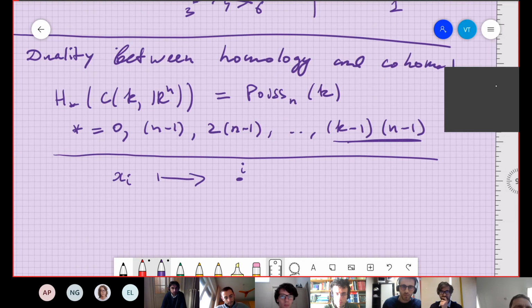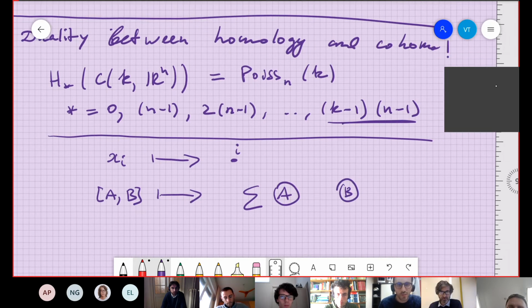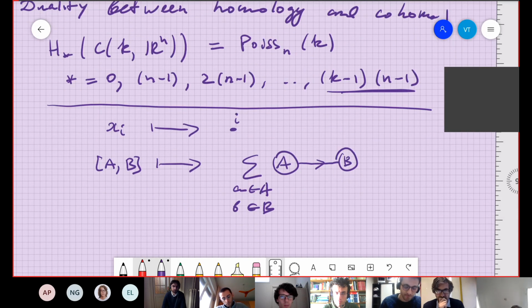But when we have a bracket between A and B in our operad, we are going to take the sum over all possible ways to join A with B. So we need to draw an edge which goes exactly this way, and we take the sum over all possible choices, where by this I mean one of the vertices in A and one of the vertices in B. Let me just give you an example.